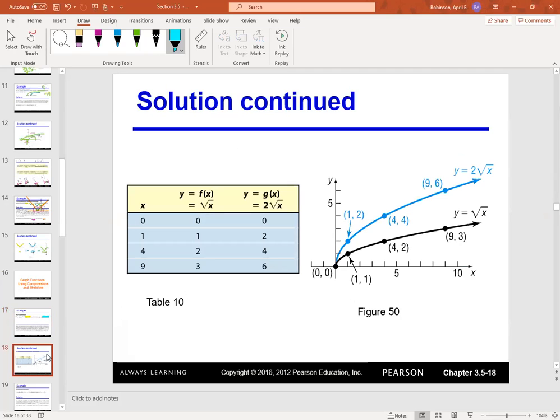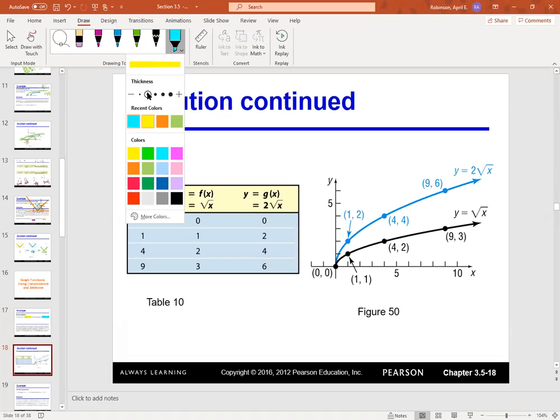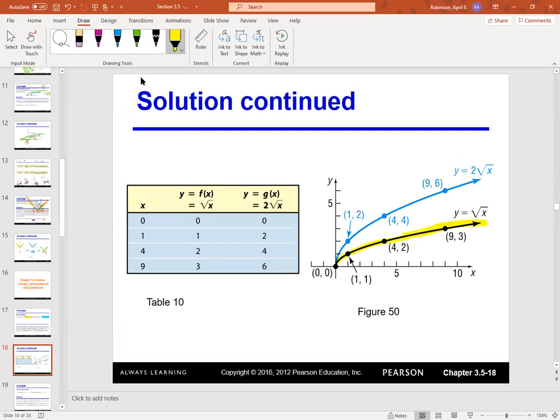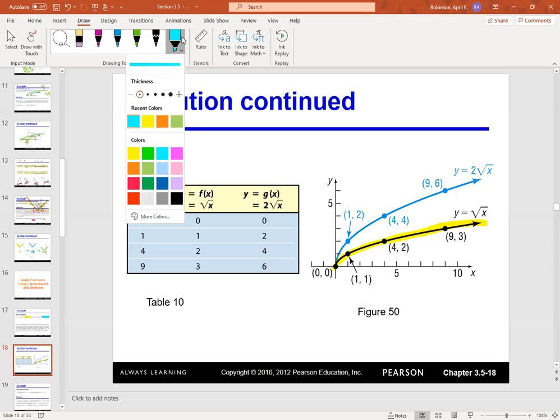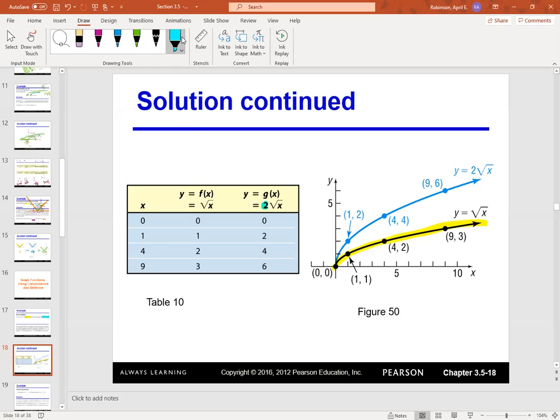So here's the picture. The original graph is the swoosh. That's my favorite name for that. It's this guy right here, right? But every single one of your points will still have the same x coordinate. It's just the y coordinate gets twice as big because you're going to multiply 2 times whatever you got when you took the square root of x.